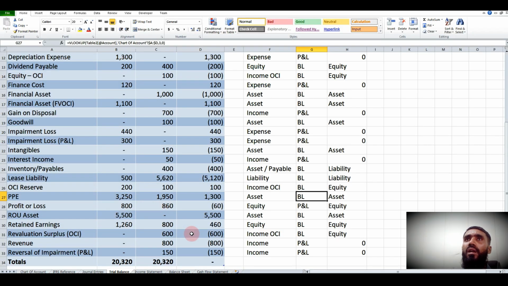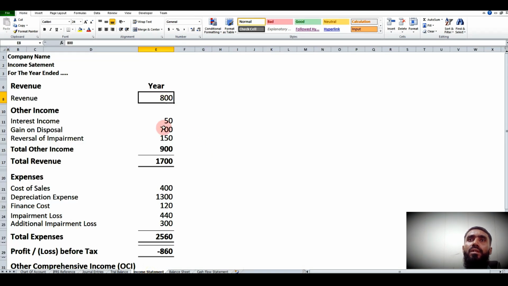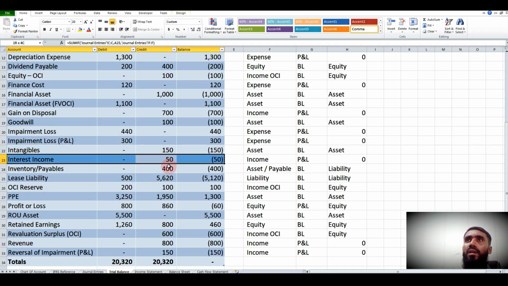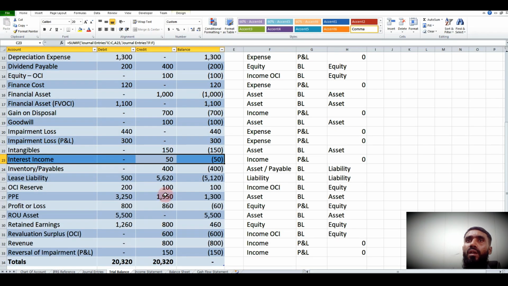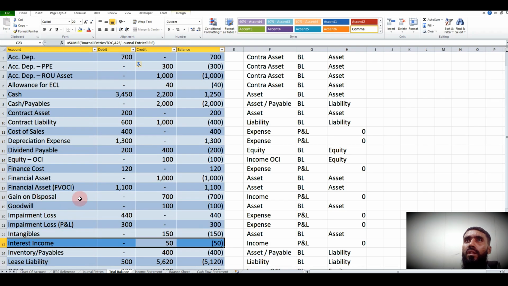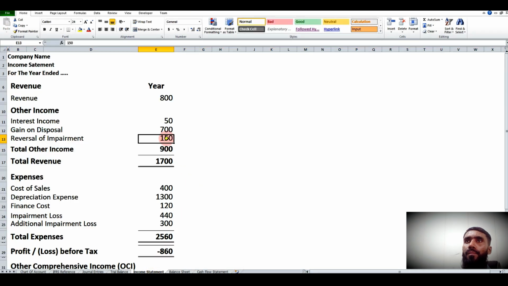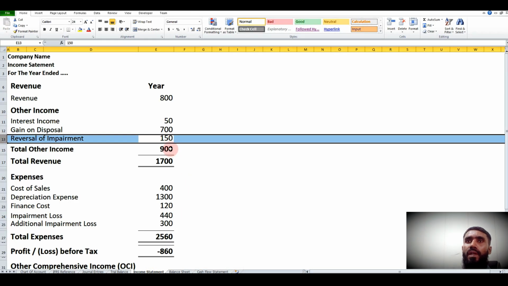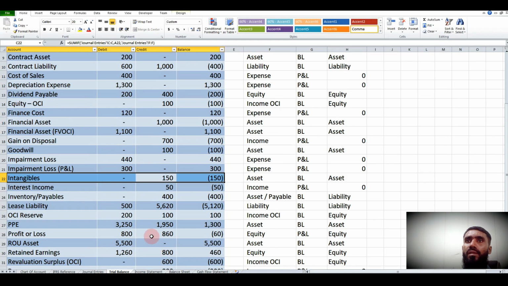Income statement, revenue. I have revenue in the trial balance; I will show you the revenue is 800 in the income statement. Interest income 50. Gain on disposal 7,700. Reversal of impairment 150.